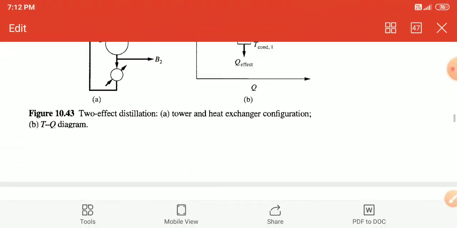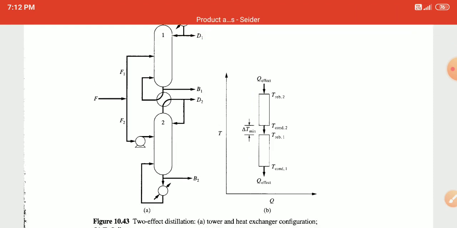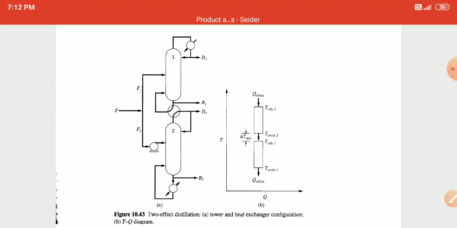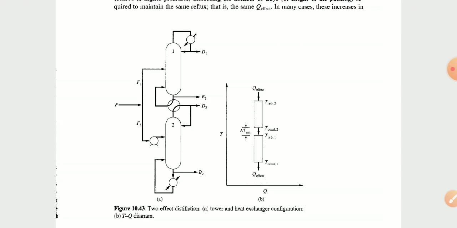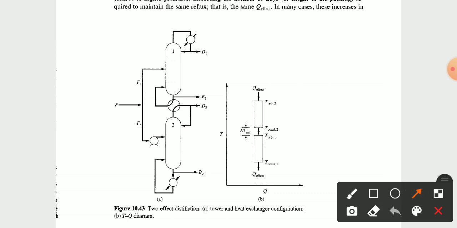Now first of all, draw this flow figure: the two effect tower and heat exchanger configuration, and the TQ diagram. Simply the feeds in the sections, this one F1, F2. This column is T1 and T2, with the refluxes for these two.